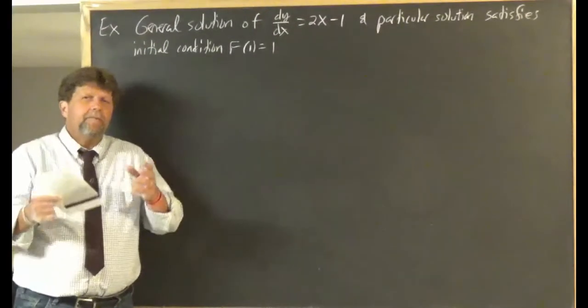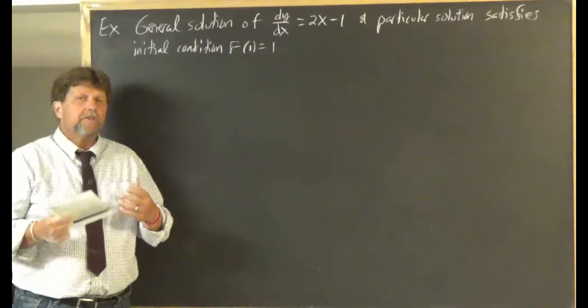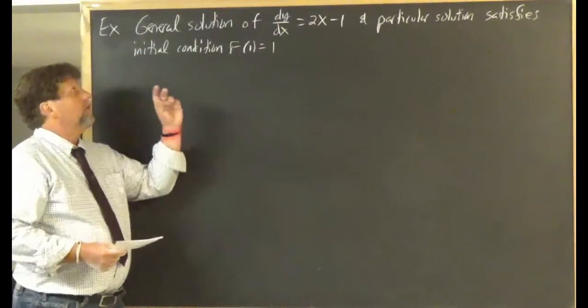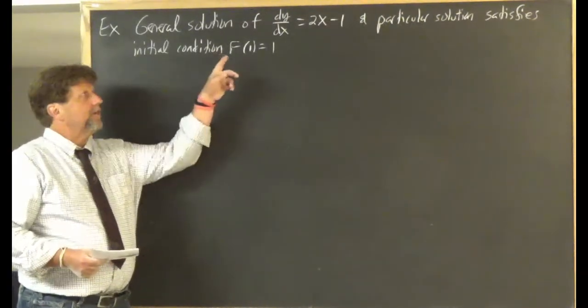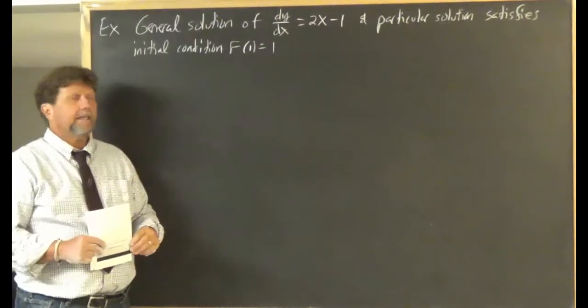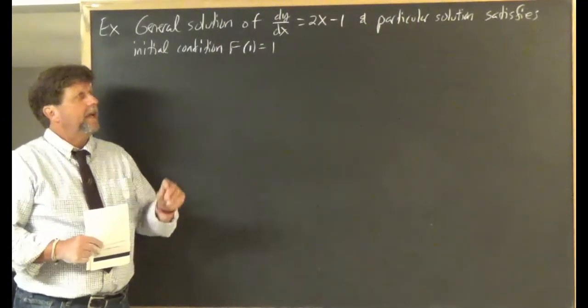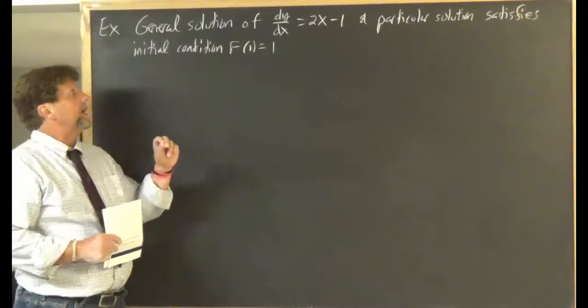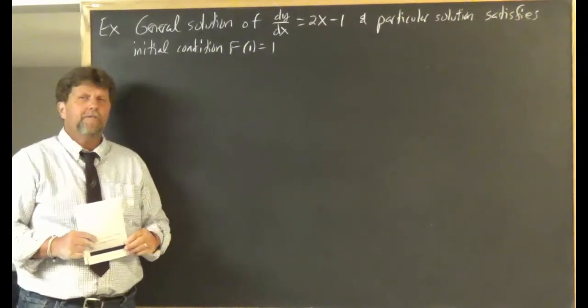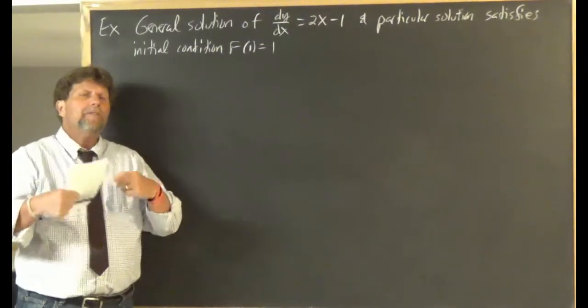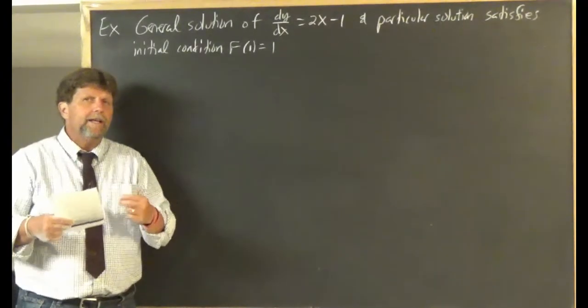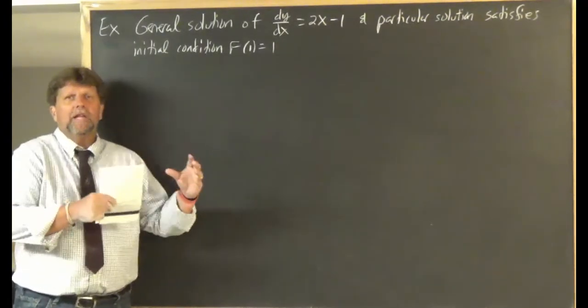All right, this is a very, very basic, brief introduction to differential equations. We were asked to find the general solution of the differential equation dy/dx equals 2x minus 1, and then the particular solution that satisfies the initial condition f of 1 equals 1. So when we find the general solution, we're going to end up with that plus c.